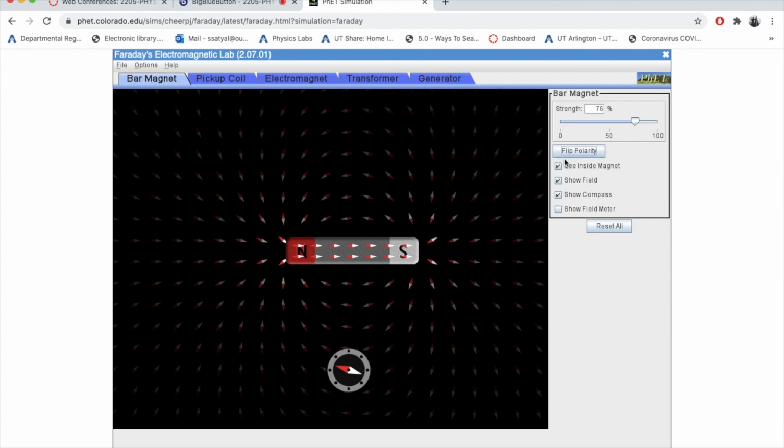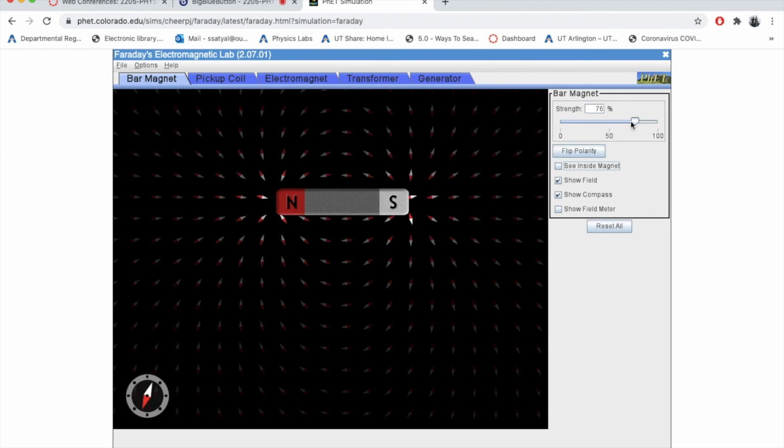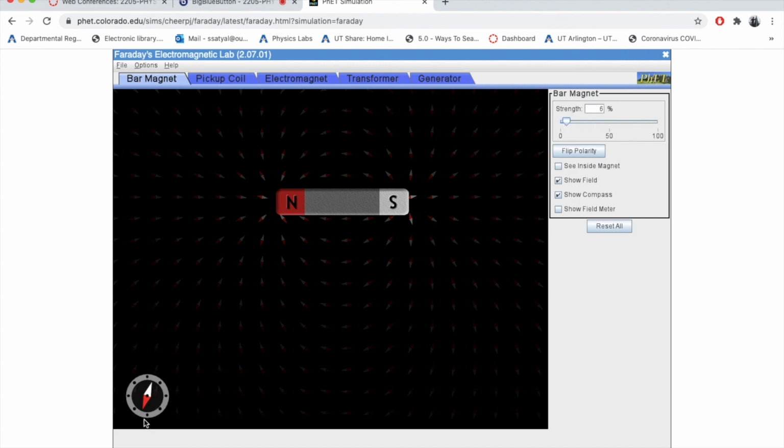And you'll see all these things rotating with different angles where your compass is, and you see the strength. You can decrease the strength and see how far that affects the compass, and so on.